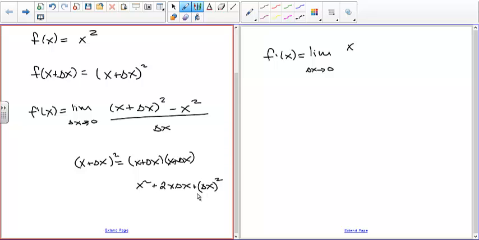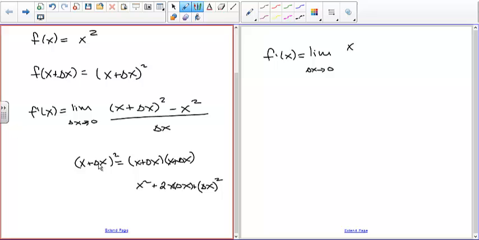Now notice I use the parentheses here, because I want to show that this is just one quantity. It's not delta of x squared, it's delta x, the whole thing squared. Maybe put parentheses around that, because delta x is not two parts.